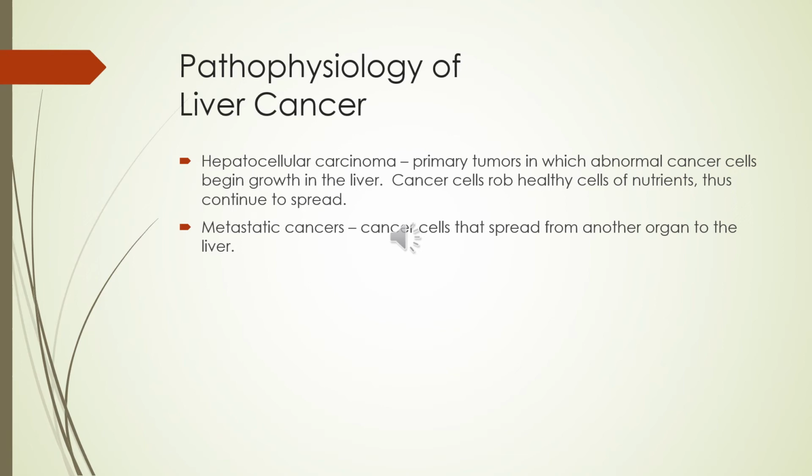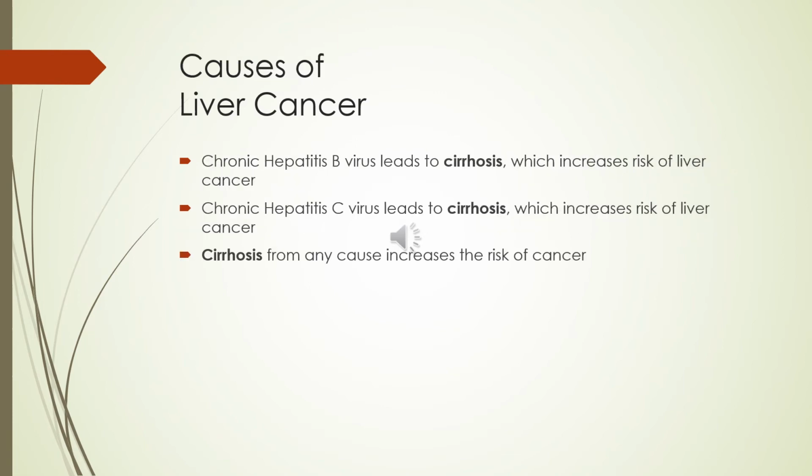The cancer cells will rob the healthy cells of nutrients, and then they will continue to spread. Metastatic cancers, on the other hand, are cancers that have spread from other organs into the liver and invade the liver tissues. Causes of liver cancer: chronic hepatitis B and chronic hepatitis C can lead to cirrhosis, and cirrhosis from any cause can lead to the risk of liver cancer.